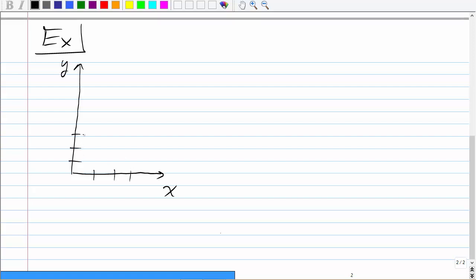We first began by drawing the x and y coordinate axes. Let's say our first vector A is given by 30 units at 0 degrees.